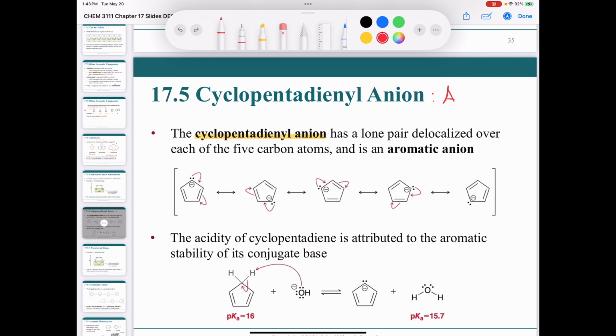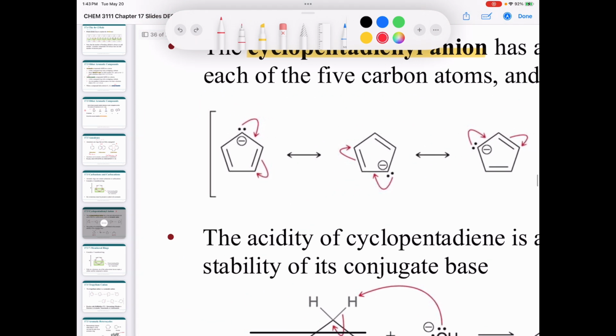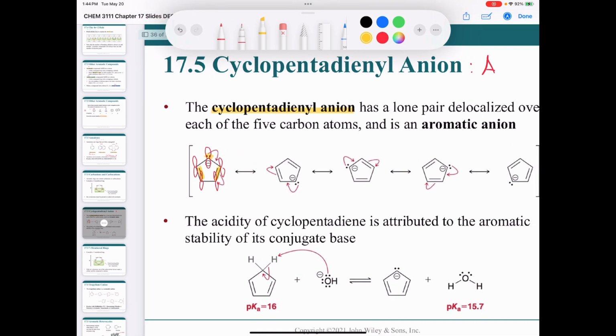And so that tells you that you have a p orbital, and forgive me for my lackluster drawing, on every single one of these carbons. So we have a continuously overlapping system of p orbitals, and that's good. And we have a total of 1, 2, 3, 4, 5, 6 pi electrons involved in resonance throughout this system.